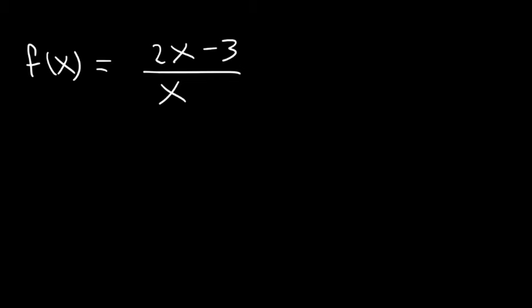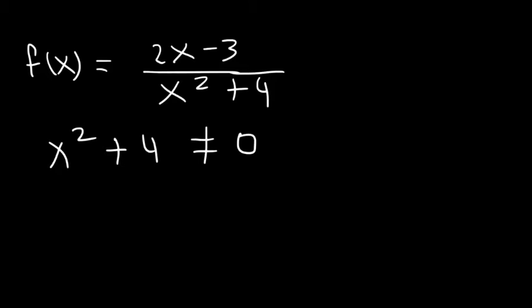Now let us take some more examples. Suppose I take f(x) equals (2x minus 3) divided by (x square plus 4). Now here also I must ensure that the denominator must not be equal to 0, that is x square plus 4 must not be equal to 0. Now look at this, x square must not be equal to minus 4.